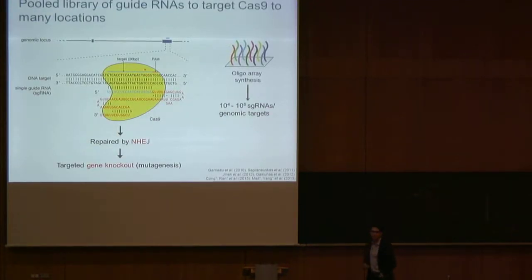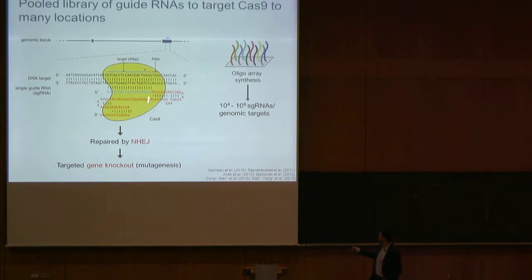And the editor that we're going to use in this context is something that I'm sure many of you are familiar with, which is this enzyme Cas9. We've already heard some nice talks earlier in the conference about this. And just so we're all on the same page, here Cas9 is schematized, the protein, as this yellow blob that's directed to a specific target in the genome by a single-stranded RNA, this single guide RNA, and I've drawn it here with the 5' side over here, 3' end over here.